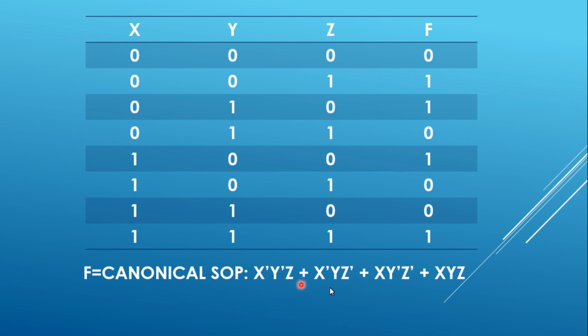Because at a time only one combination is possible. So, or of either this one, third one, or fourth one. Correct? So this is how we are representing a Boolean expression when it is given to you that the function is true in these four cases. And this expression is known as the canonical SOP form.